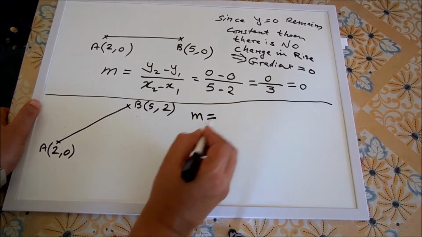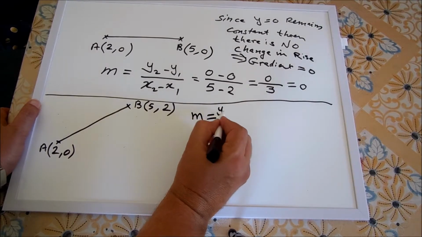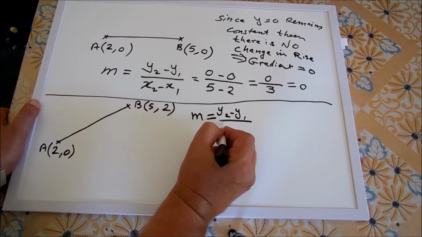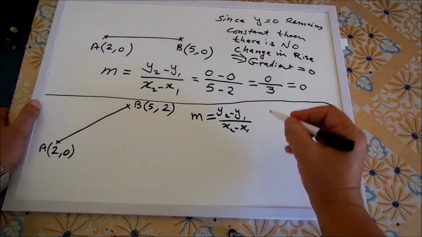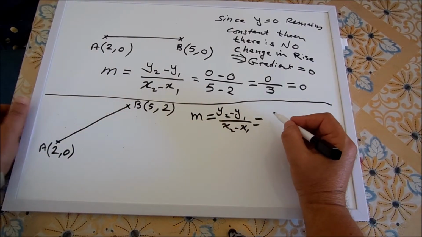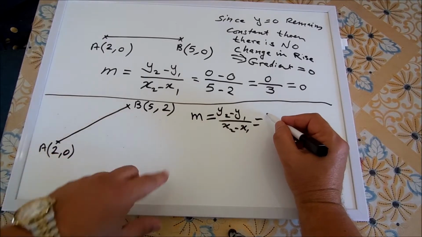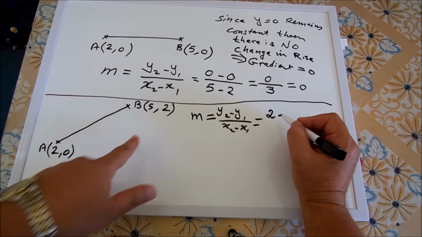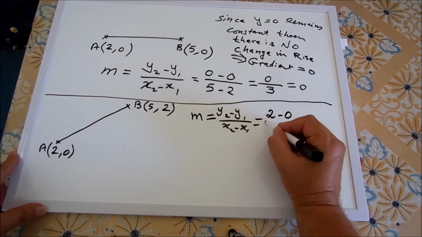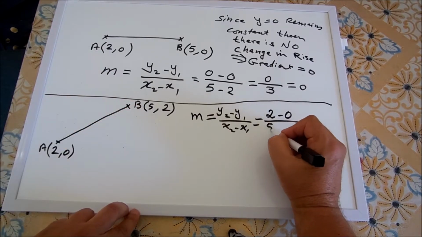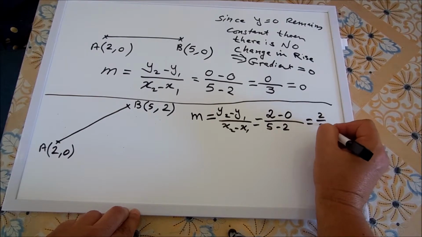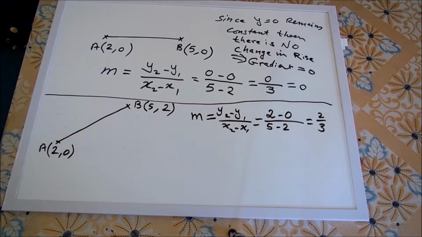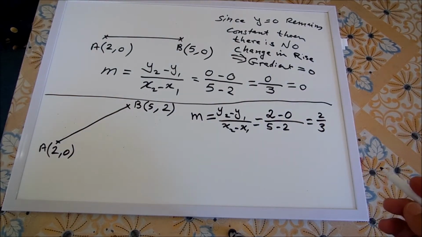So m equals y2 minus y1 over x2 minus x1, and in this case y2 is 2 and y1 is 0 over 5 minus 2, so that gives you 2 over 3. So this is the slope or the gradient of this straight line.